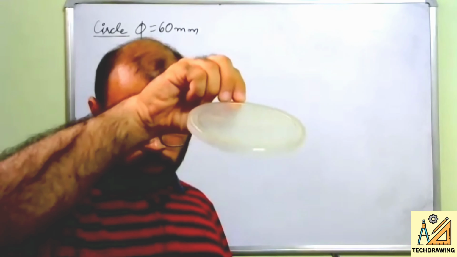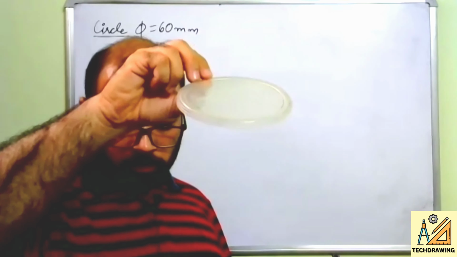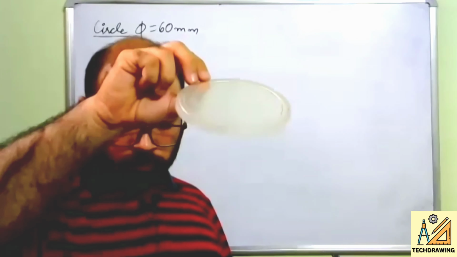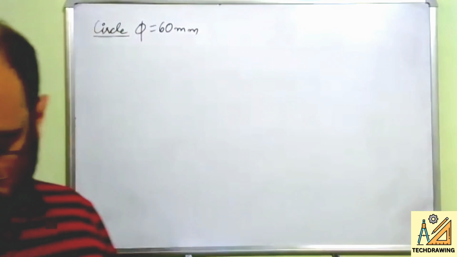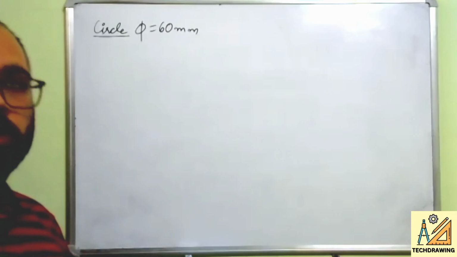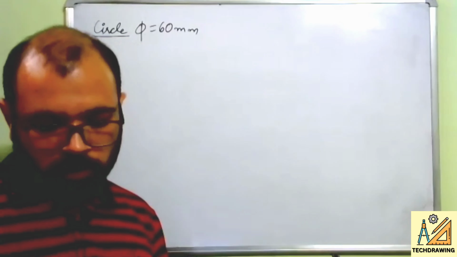And if it is the top view, it will be visible like this, right? So how will you be able to draw the ellipse?